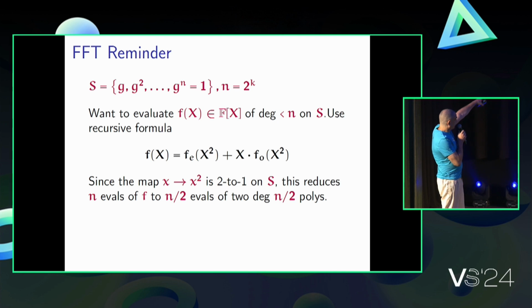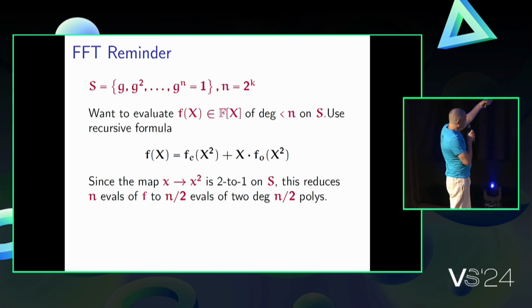Because if we look at all the squares in the set S, we'll get a set of half the size. Then this formula reduces these n evaluations of f to n over 2 evaluations of these two polynomials of degree n over 2.